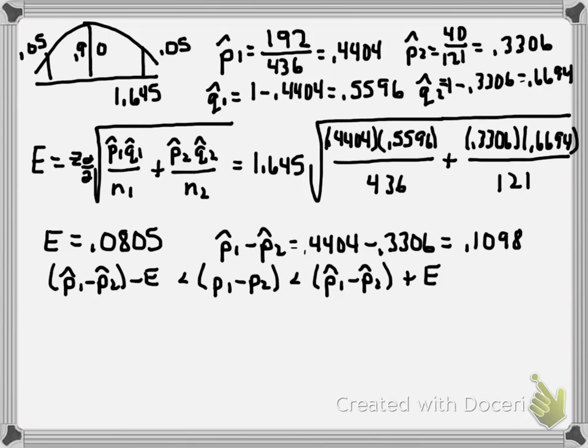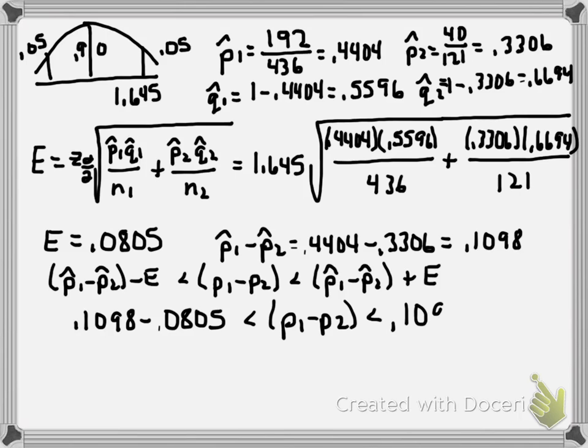So we substitute that value in, 0.1098 minus the error, which is 0.0805, is less than p1 minus p2, is less than, and on the other side we substitute in the numbers again, 0.1098 plus the error, 0.0805.